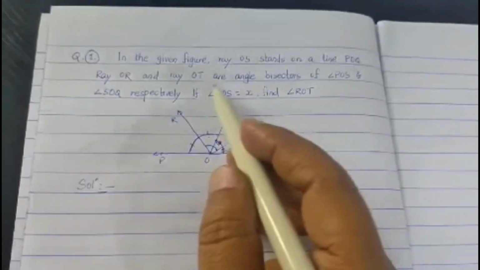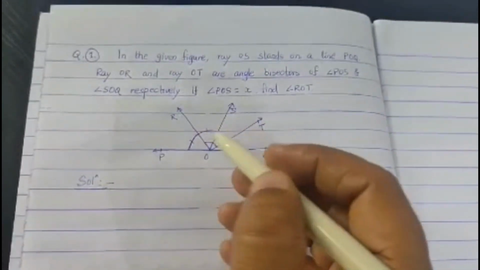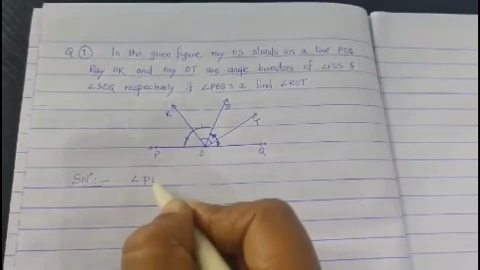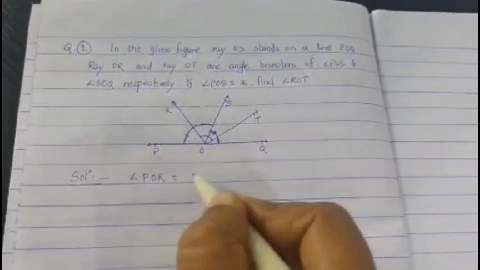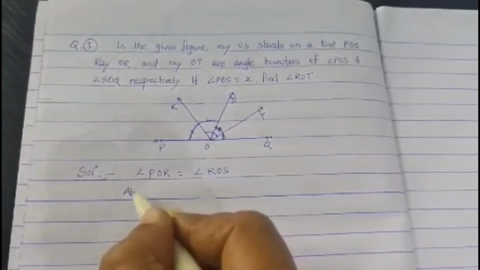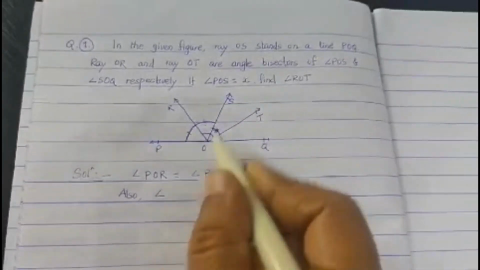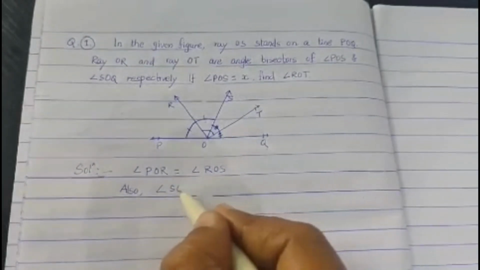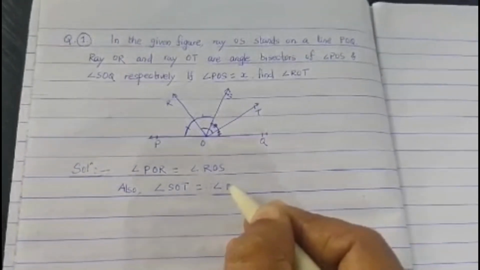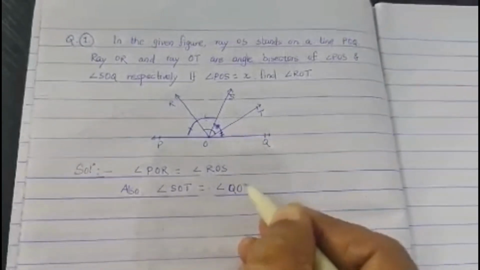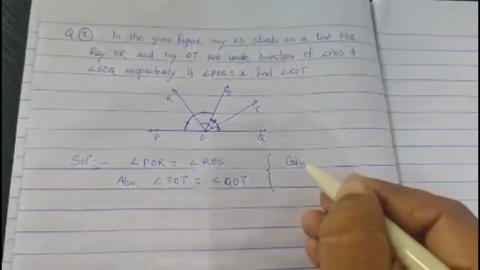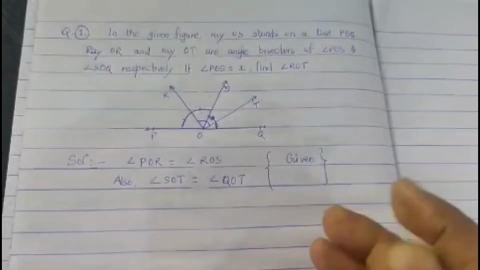This statement says OR and OT are angle bisectors of POS and SOQ. So we can write angle POR is equal to angle ROS. Also, angle SOT is equal to angle QOT. This we have been given.